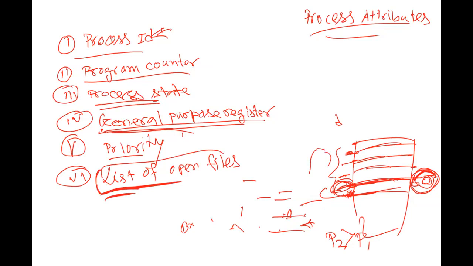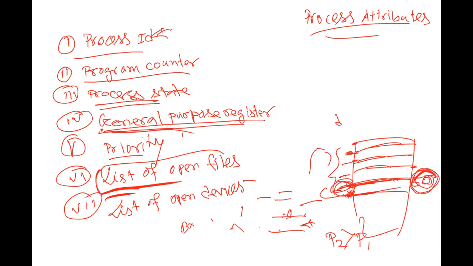Another similar thing is the list of open devices. Your process may need to do some printing job, or read data from the HDD or from a USB drive. It may also read data from the keyboard.